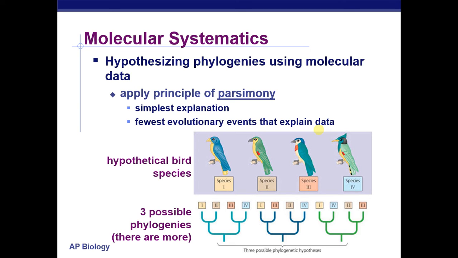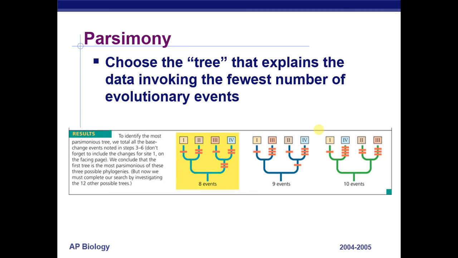So if you look, for example, here are four hypothetical bird species, and we could create these different trees. Okay, and then we would need to look at the data and ask which one represents the most parsimonious tree. So looking at the tree that explains the data with the fewest number of evolutionary events.